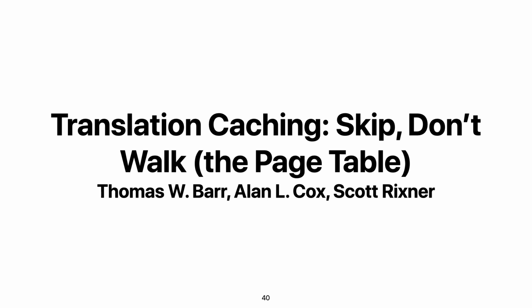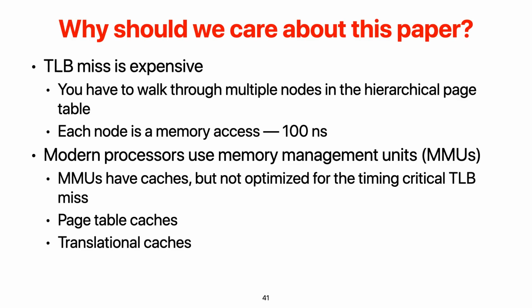So now, we've just finished the discussion of the TLB and the cache architecture. However, is it good enough? The paper that I assigned you to read before this lecture tells you there are some more things that we need to do. First of all, the TLB is not perfect.